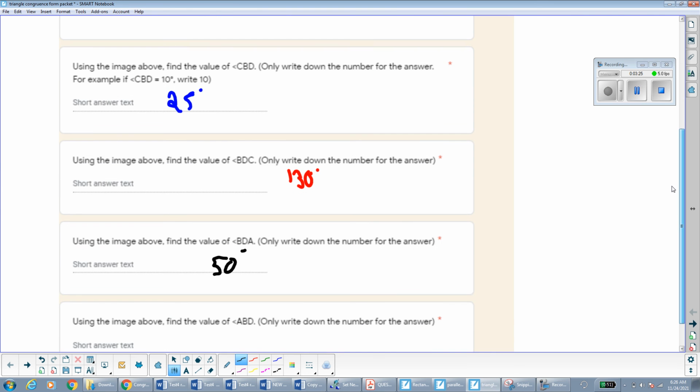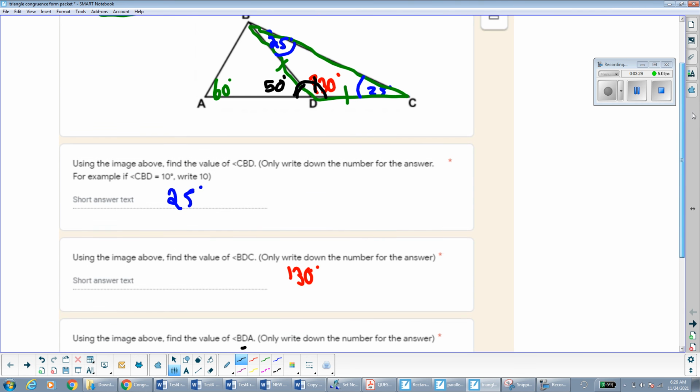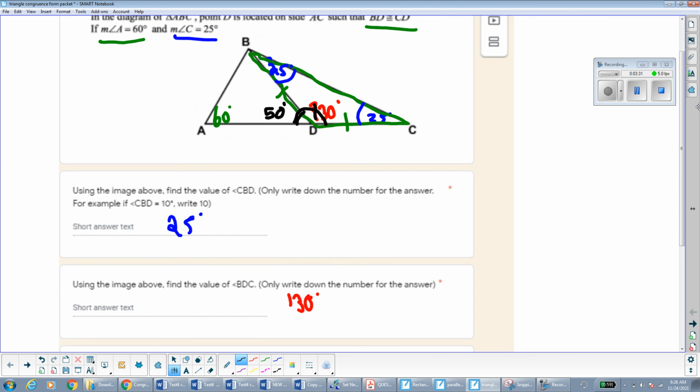And finally, the last question asks us for the value of angle ABD. So angle ABD is this angle right over here at the top of this triangle. We know in triangle ABD that we have two angles here, a 60-degree angle and a 50-degree angle.